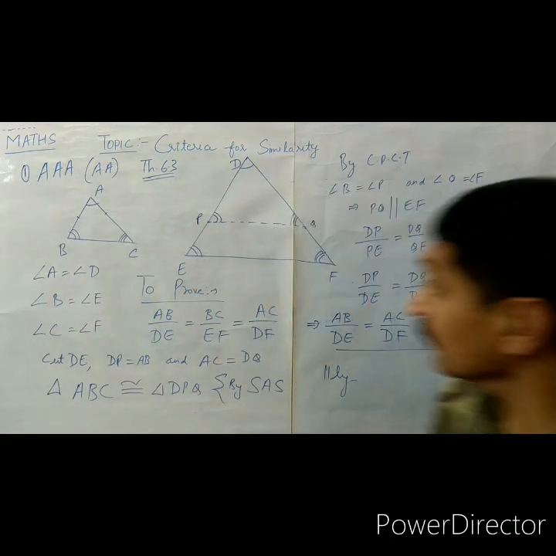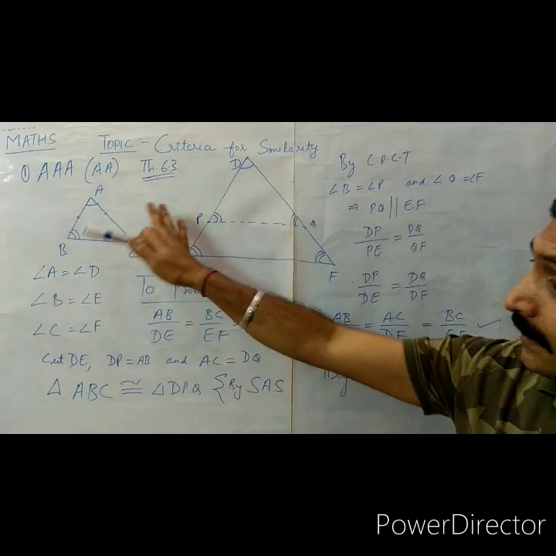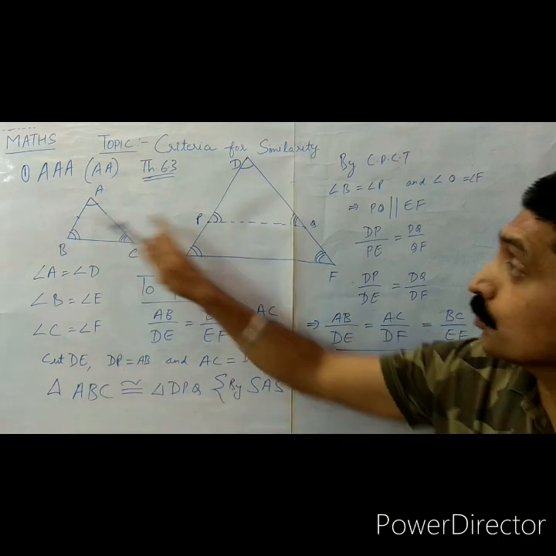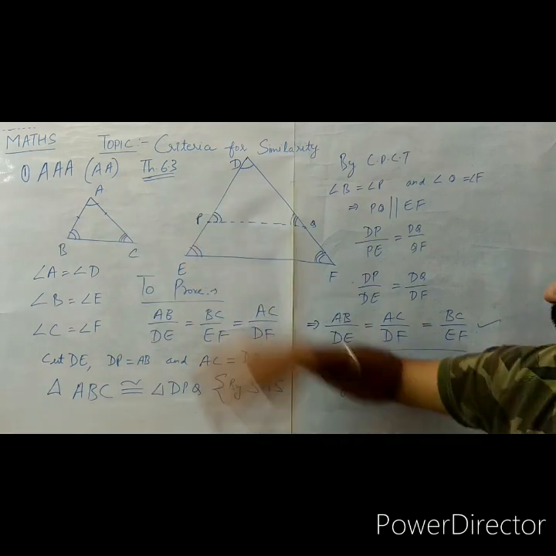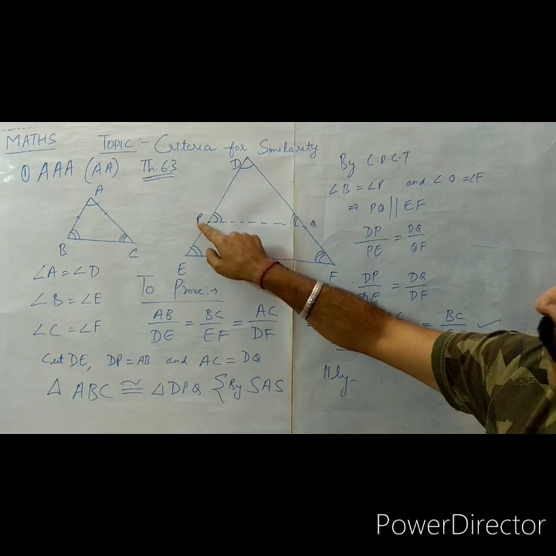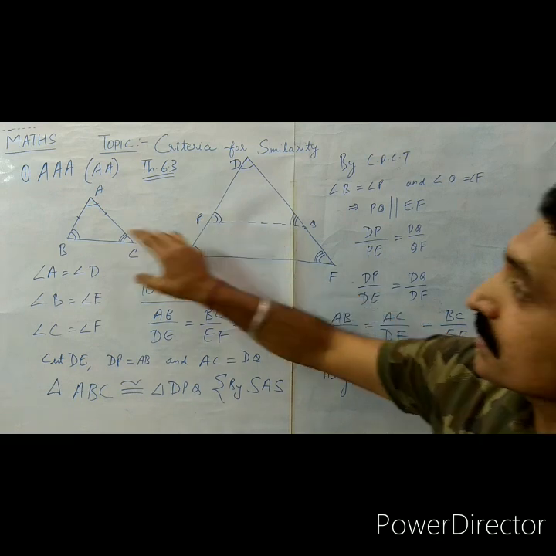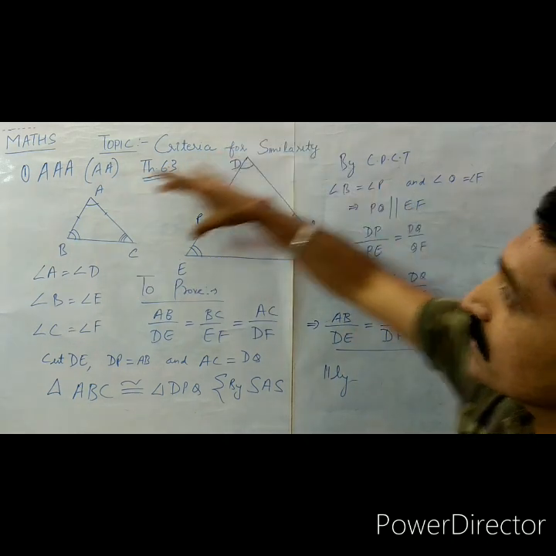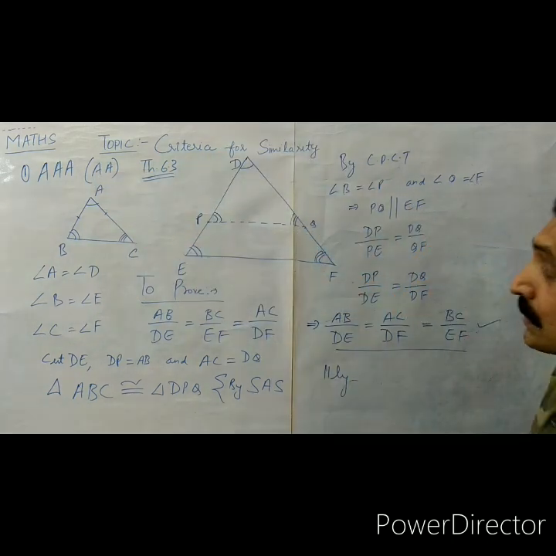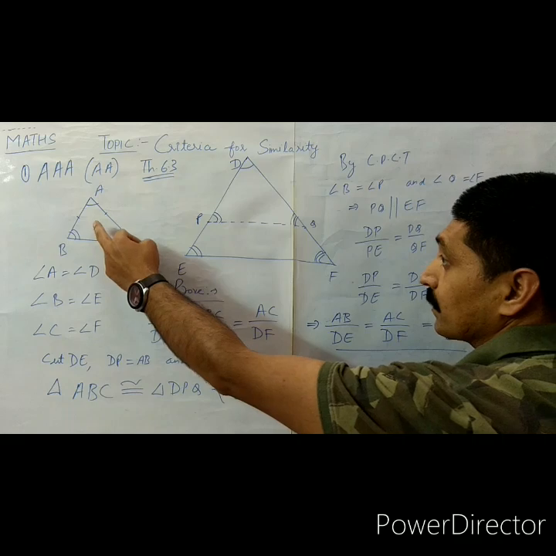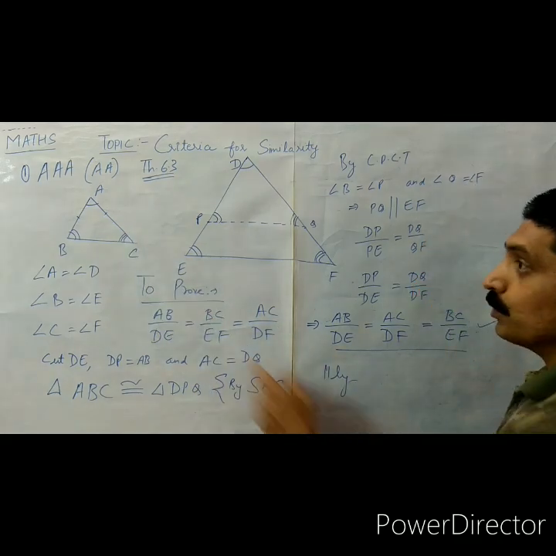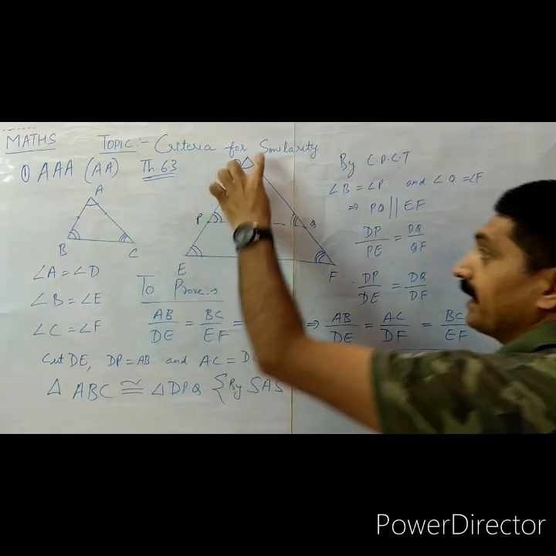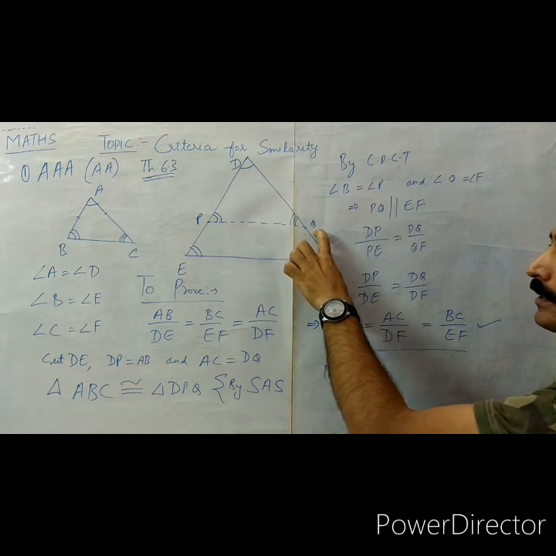So here we have gone through the two triangles by construction. We take one point P such that DP is equal to AB and DQ is equal to AC. By the side, angle, side rule, these two triangles ABC and DPQ are congruent.